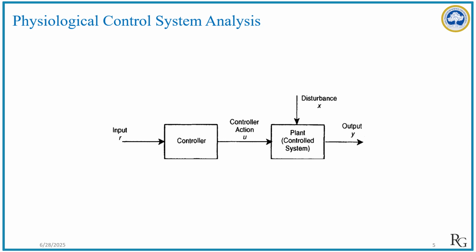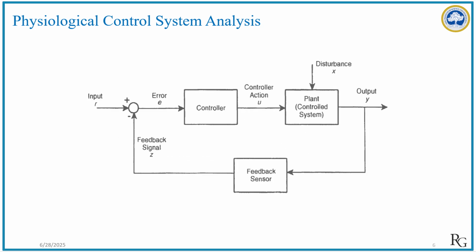Is the desired output there or not, and if it is not there, the control action should be modified. This type of control system is known as the closed loop control system.